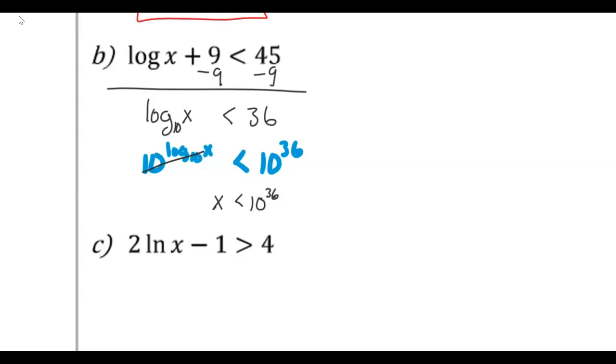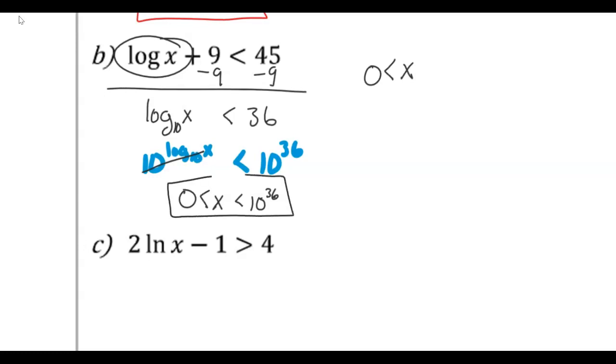We're not going to write it out with 36 zeros. It's kind of wild. So because this was a log, remember what would make this log 0 or negative is x being 0 or negative. So we put that x must be greater than 0. We tack that on, and because it was a log is why we have to pay attention to this. Had it started out as an exponential function, we wouldn't have to do that.